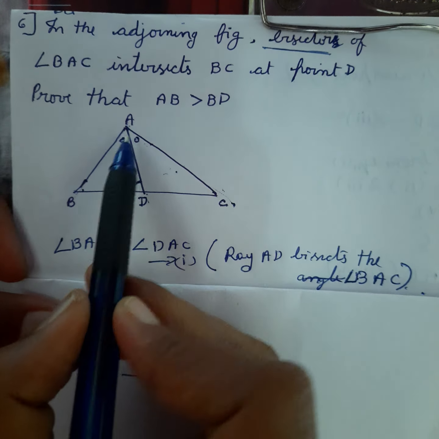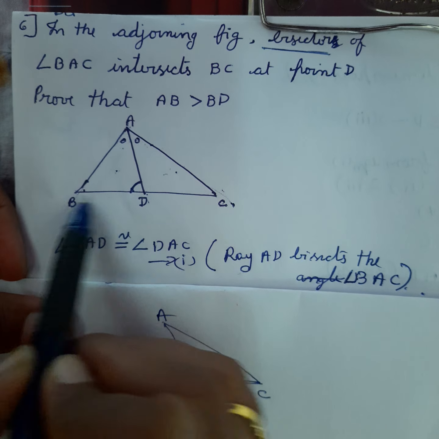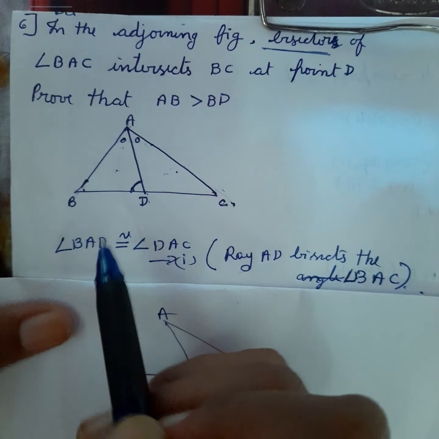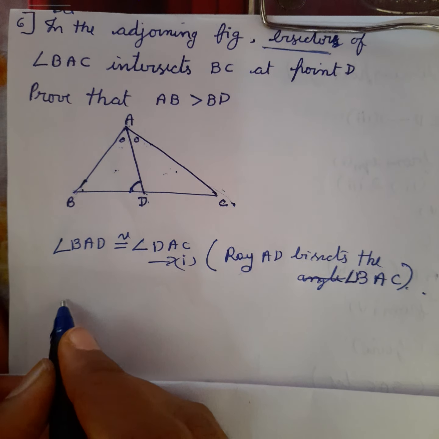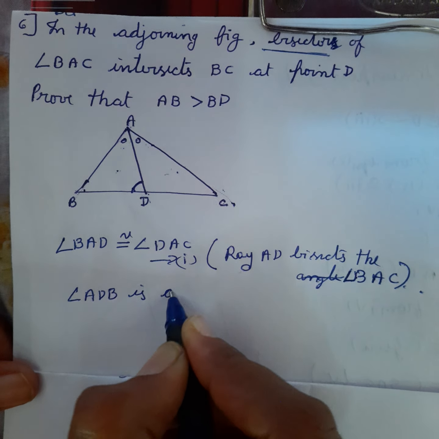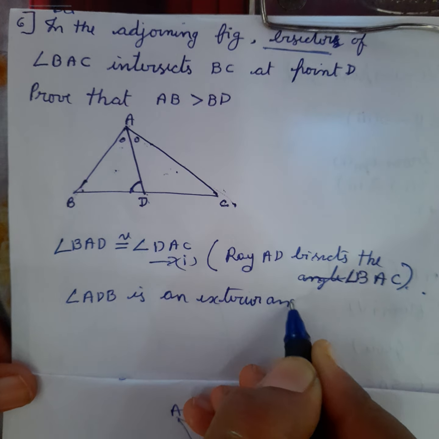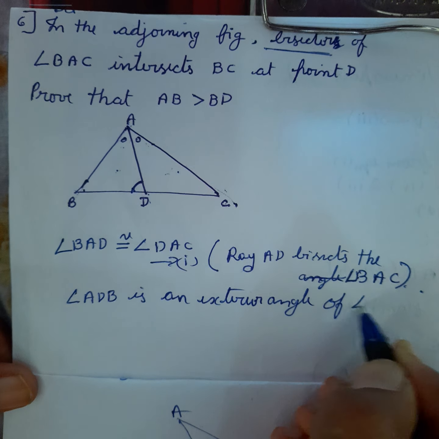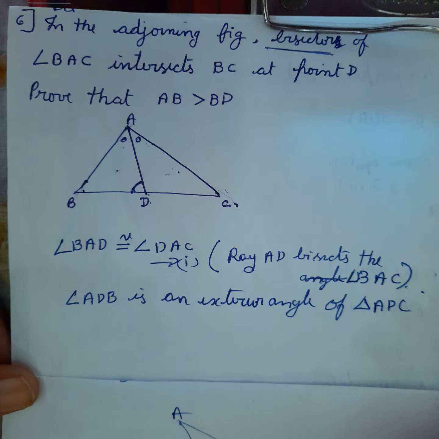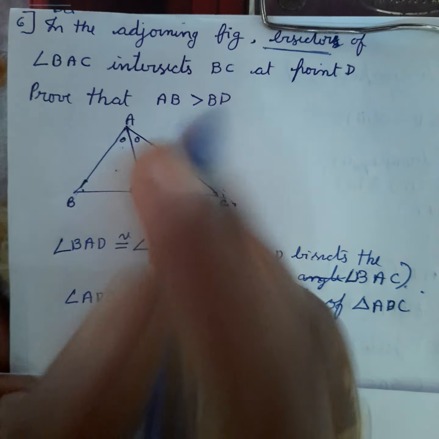So if I consider triangle ADC, angle ADB is the exterior, outside angle. So let us write that angle ADB is an exterior angle of triangle ADC.